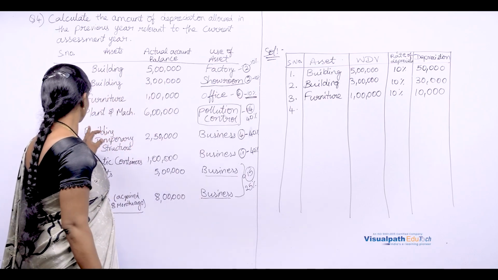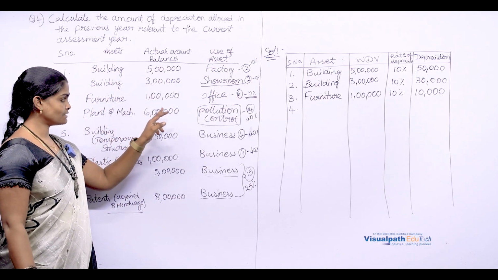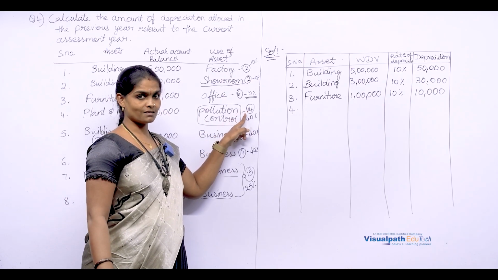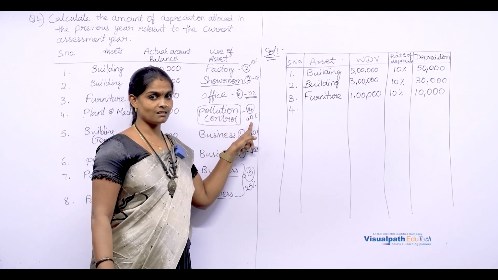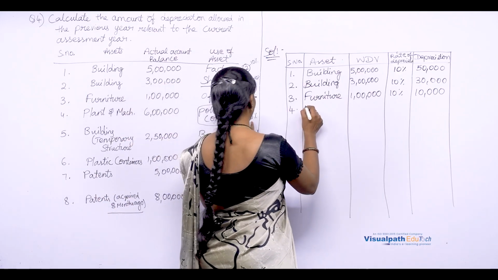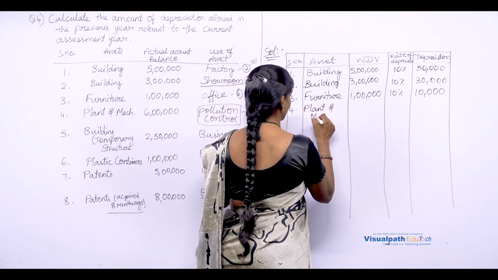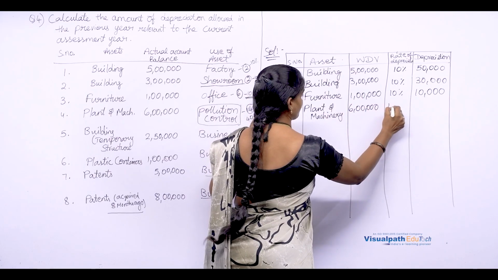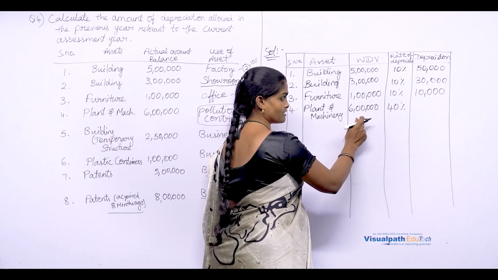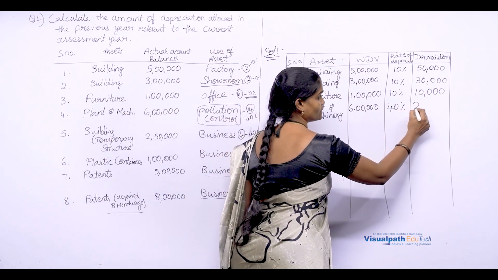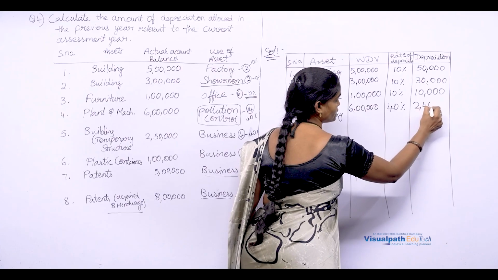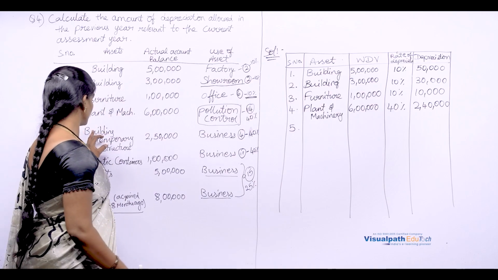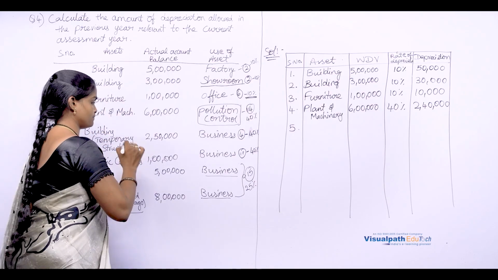Next, fourth one, plant and machinery. 6 lakhs is the value. It comes under the 14th block, and 40% is the depreciation rate. 6 lakhs into 40% will give you 2 lakh 40,000. Next, fifth one, building temporary structure.